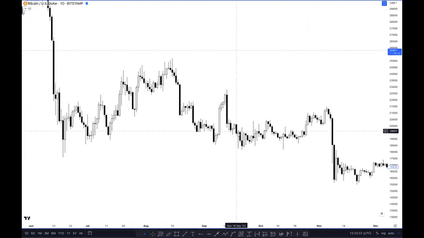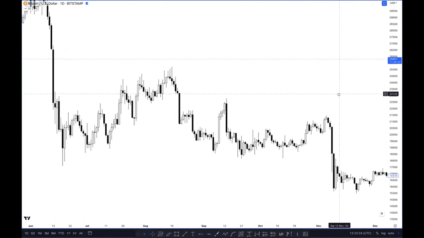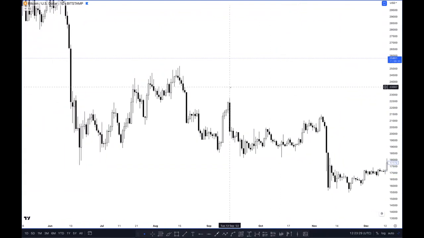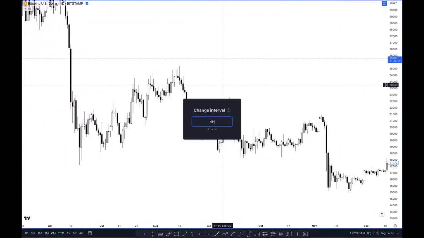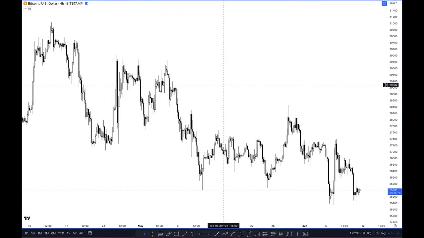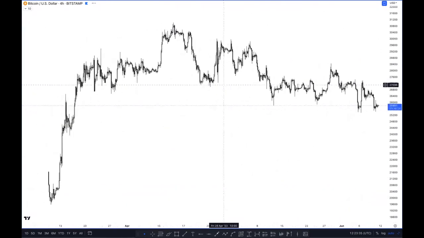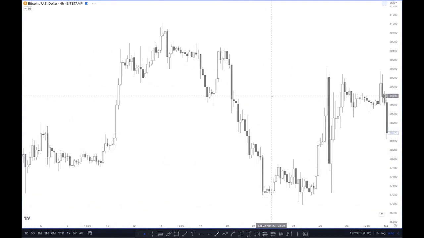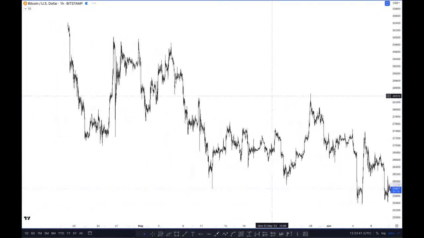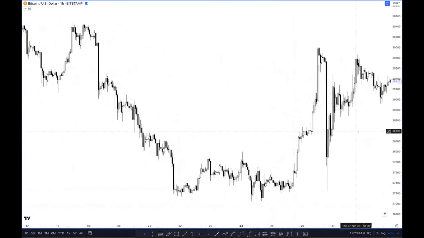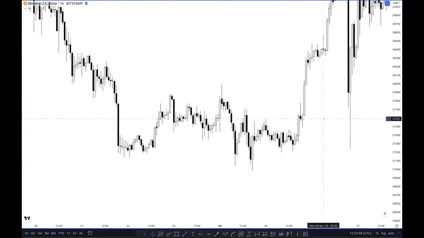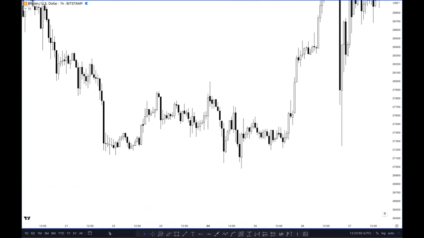Came down, set a range high, range low, and then eventually broke down from it. Or maybe I'll find one that has a nice example of the 20% rule. Here's one here that I remember from a while back. There we go. Okay. All right.